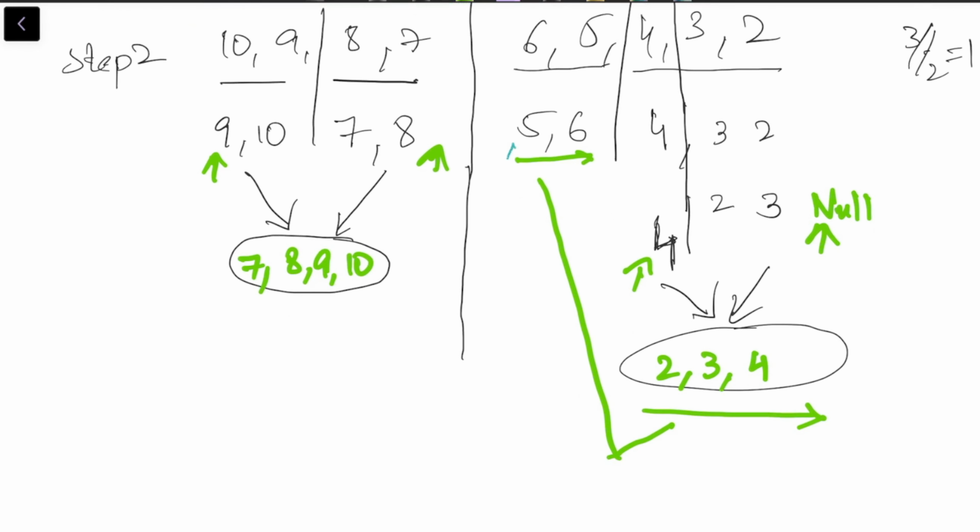We'll have a pointer here and a pointer here. We check which one goes first, 2 or 5. 2 goes first, and the pointer gets updated. Now the pointer is pointing at 3. 3 or 5? 3 goes, and the pointer gets updated.